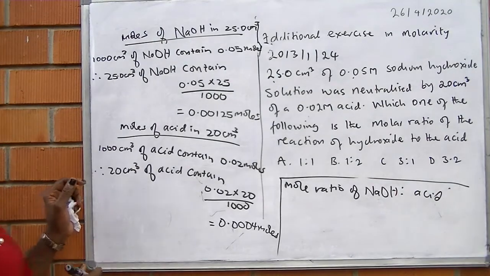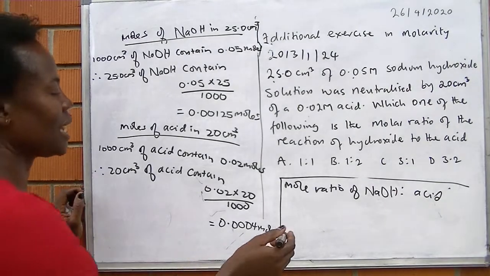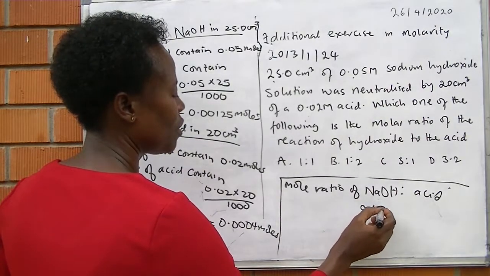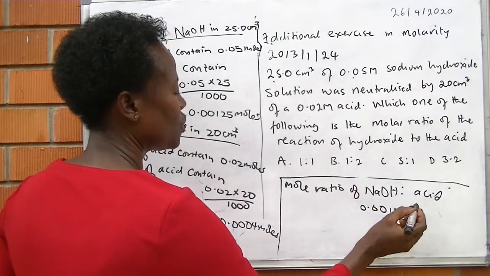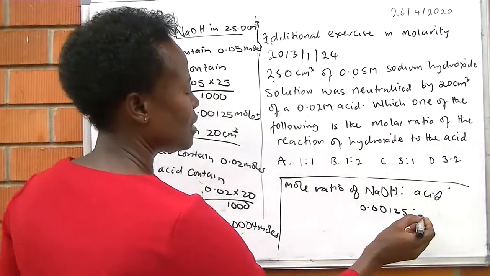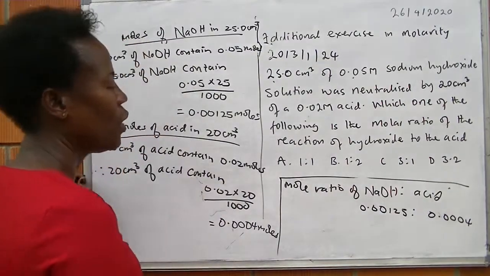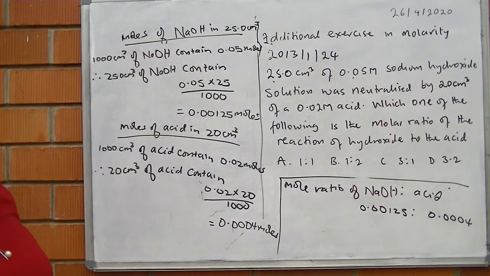You put the moles that you obtained for sodium hydroxide under sodium hydroxide, which is 0.00125, to the moles of the acid, which is equal to 0.0004. Now, you look for the smallest and then divide it throughout.